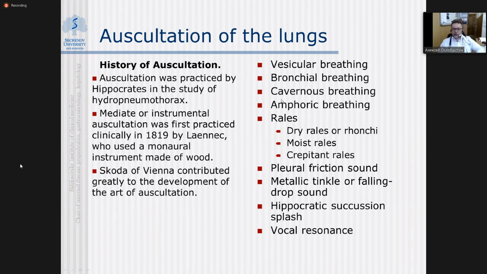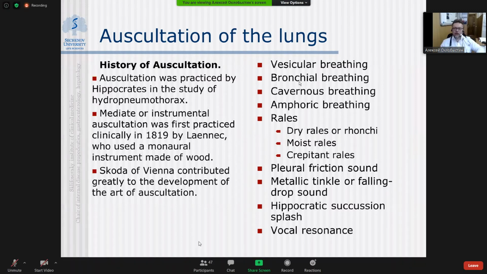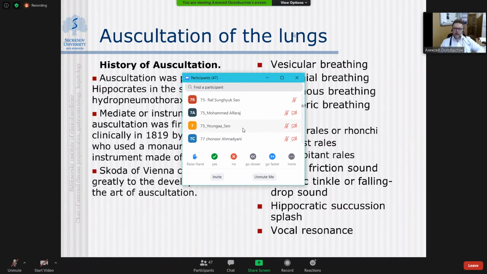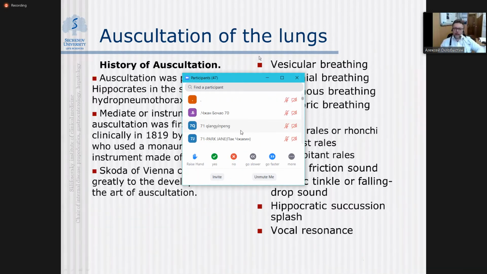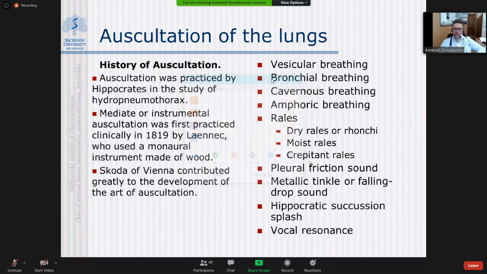For auscultation of the lungs, we need to assess different features, different sounds that will be subdivided into the basic sounds, mostly vesicular and bronchial breathing, and added sounds. The most important of them will be the rales, pleural friction rub, and crepitation.